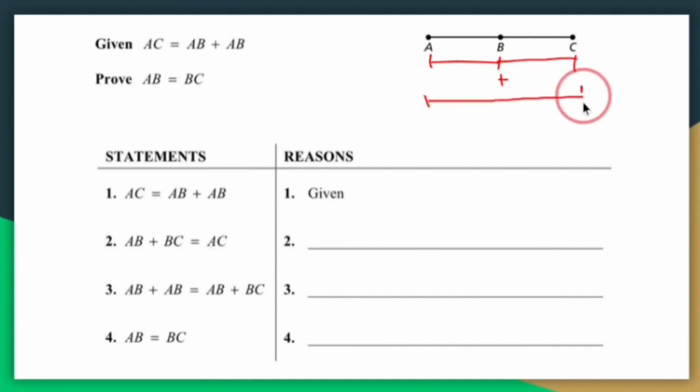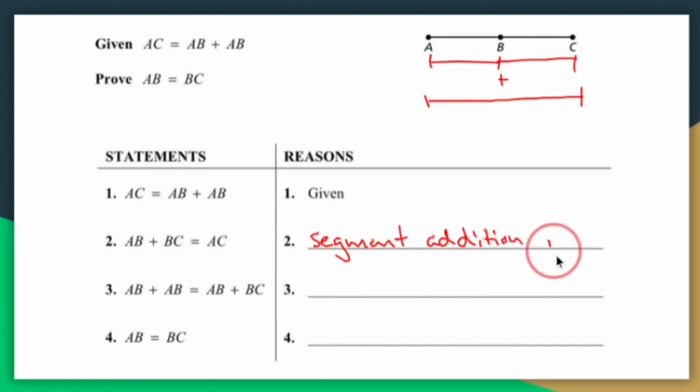Now, whenever I take two or more segments and add them together to get a bigger segment, that's called the segment addition postulate. Let's write that out. Segment addition postulate. One more time, whenever you have to add segments, 2 or more, to get a larger segment, it's called the segment addition postulate.